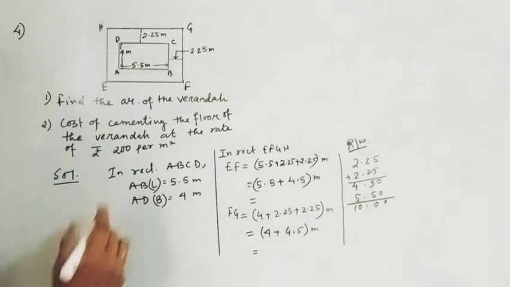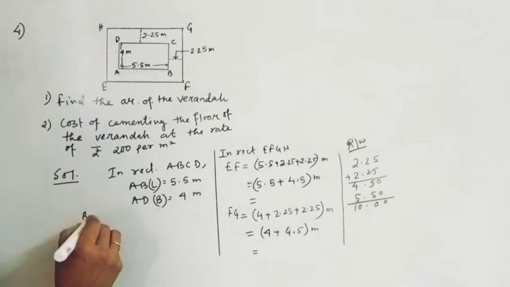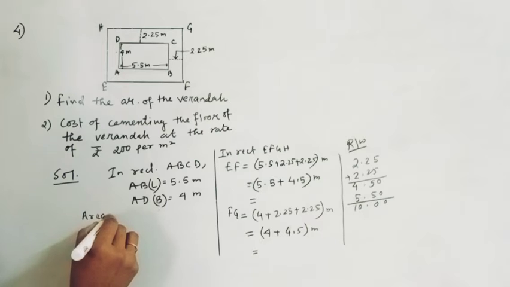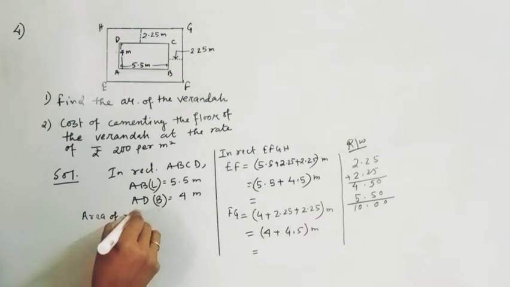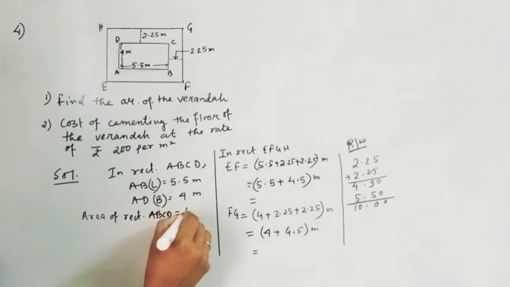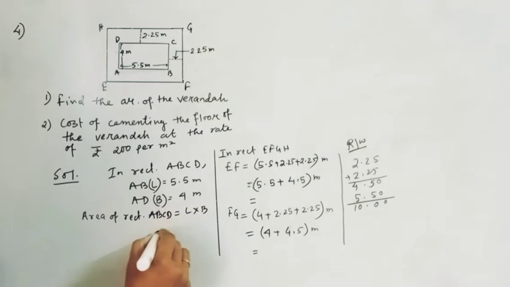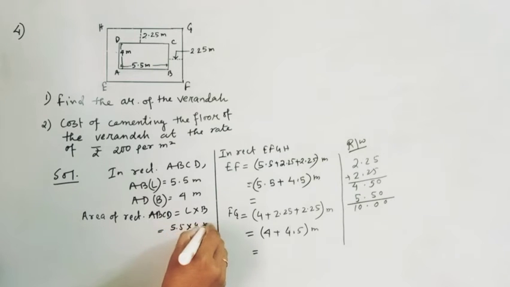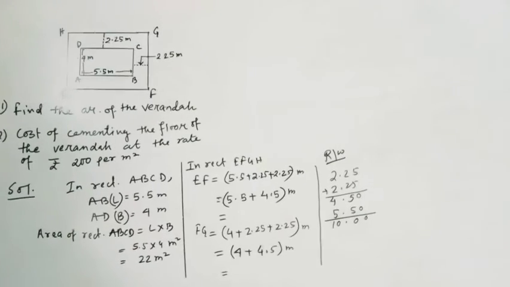So easily you can find the area of rectangle ABCD equal to length into breadth, that is 5.5 into 4 meter square, which is 22 meter square. Understood?